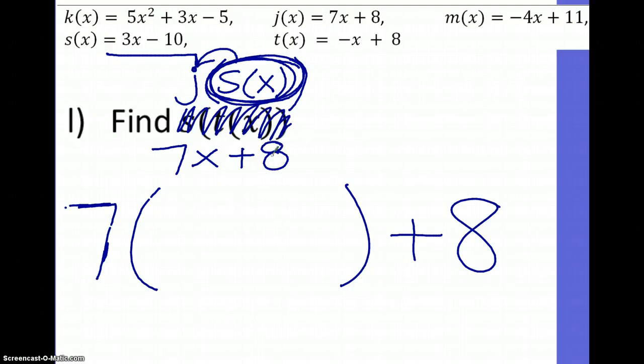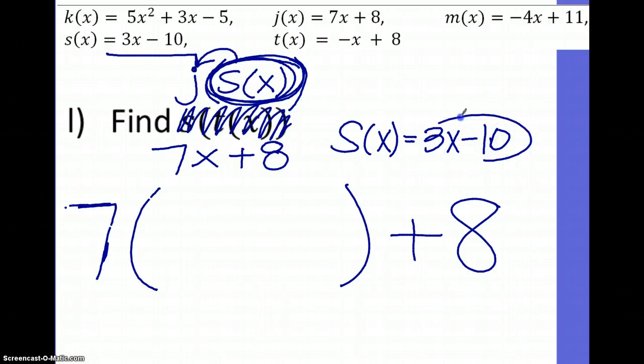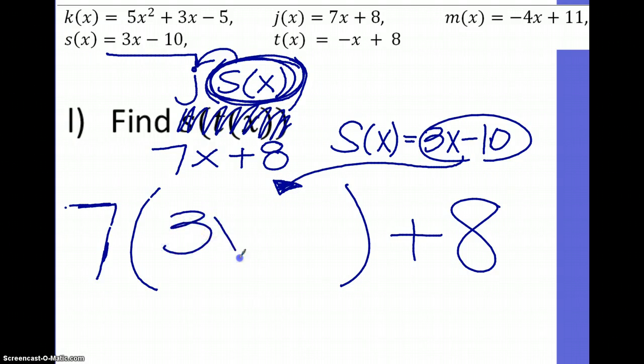But now instead of x, I am plugging in all of the s function. So the s function is 3x minus 10. So all of that is going to go in for x. So 3x minus 10.